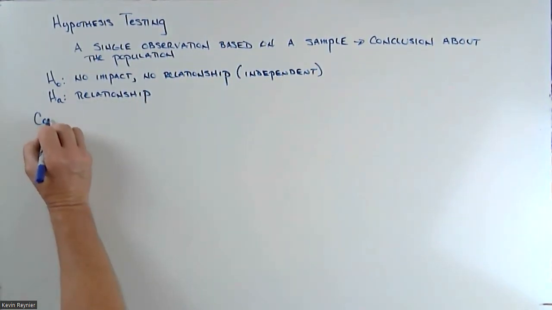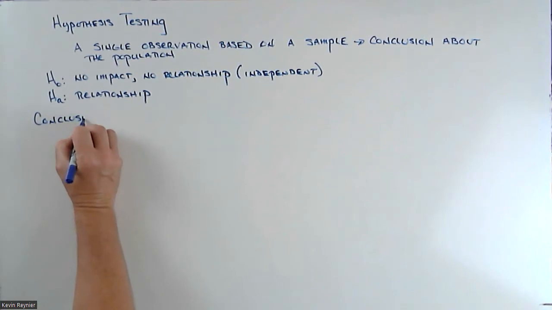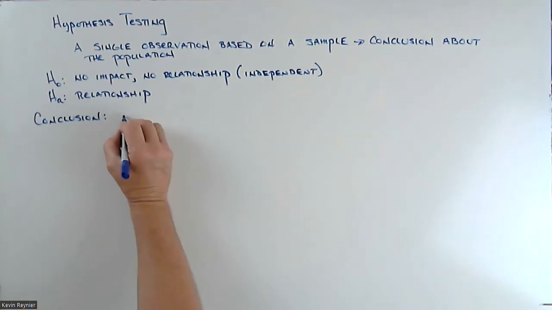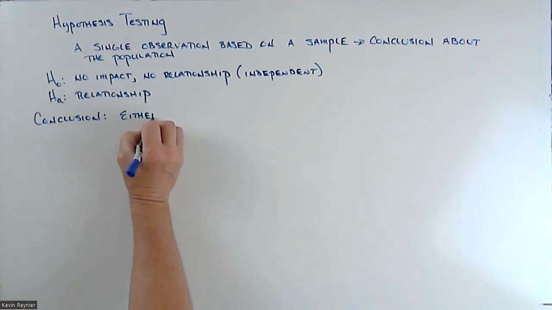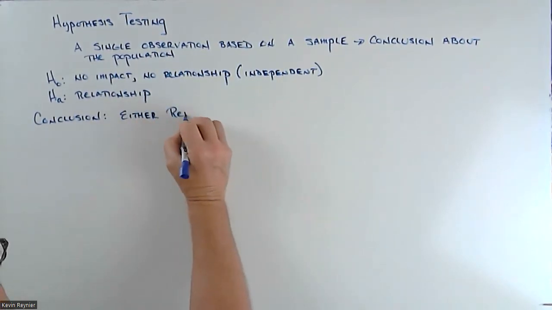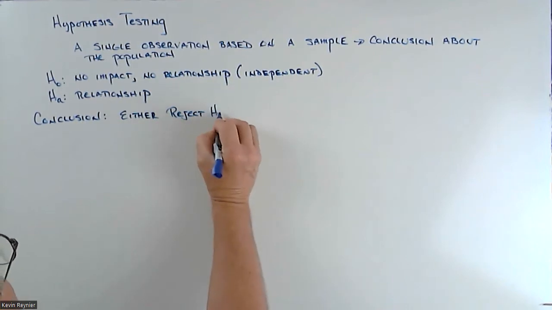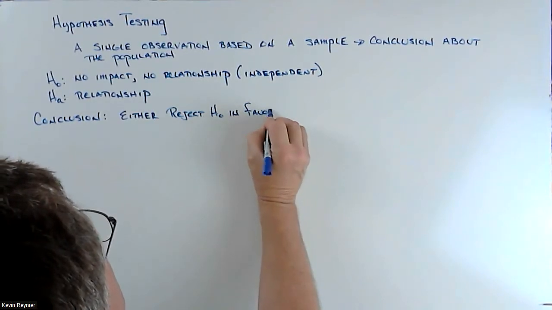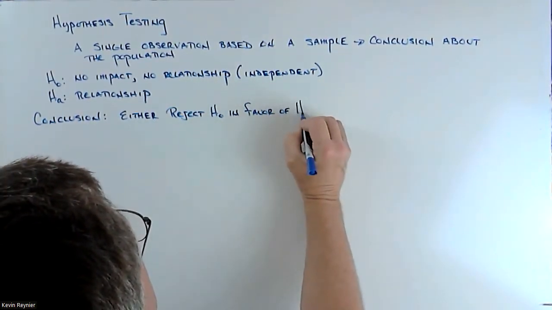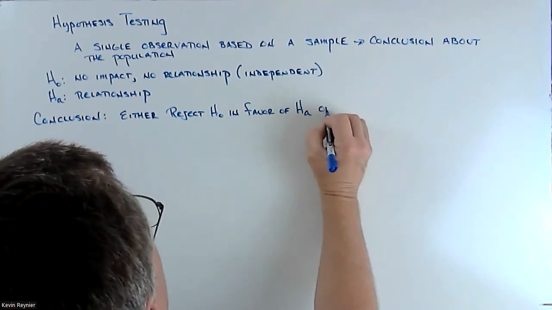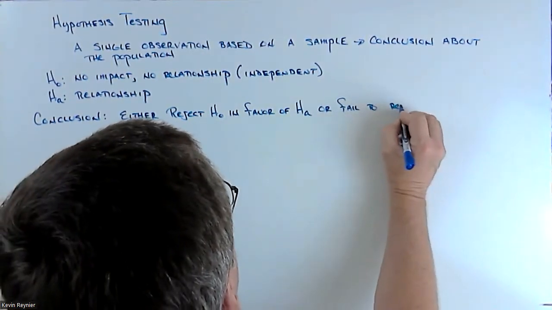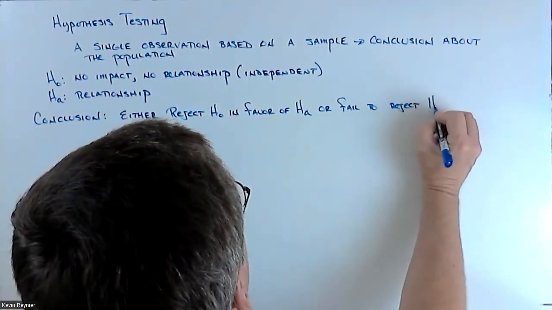And our conclusion based on our statistical approach is going to be one of two outcomes. We're either going to reject H naught in favor of HA, or we're going to fail to reject H naught.